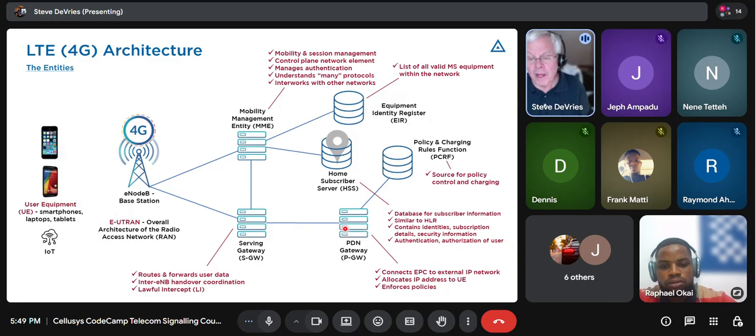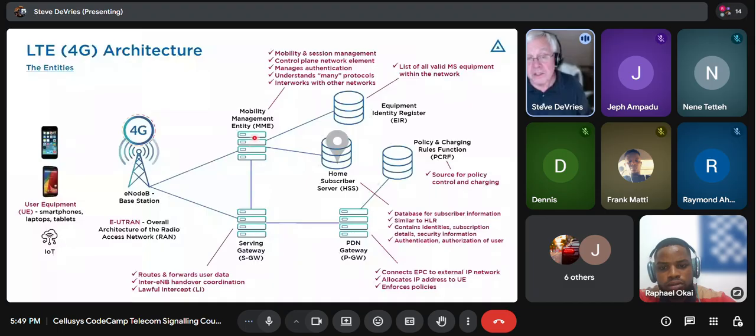The PDN gateway connects the Evolved Packet Core to the external IP network, the IP multimedia subsystem or some other packet network. It also is the one that allocates the IP address to the mobile, and it enforces the policies that come down from the policy and charging rules function.